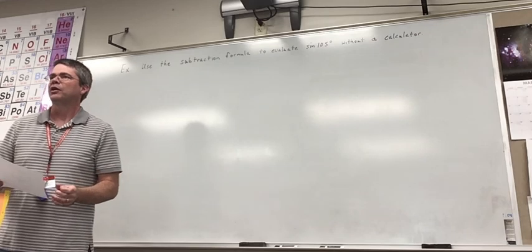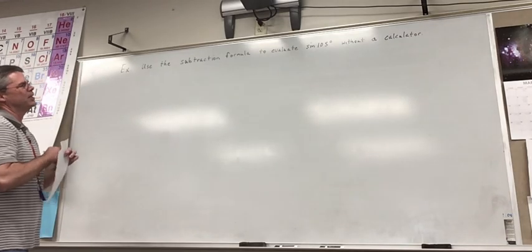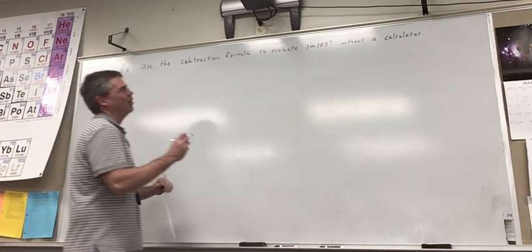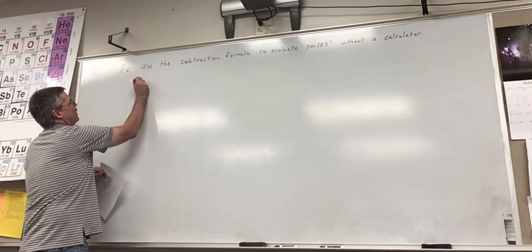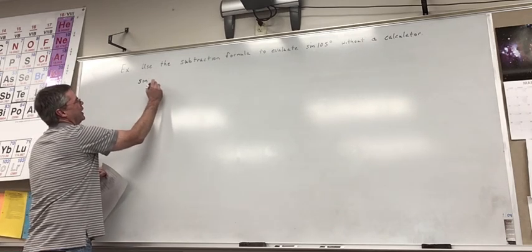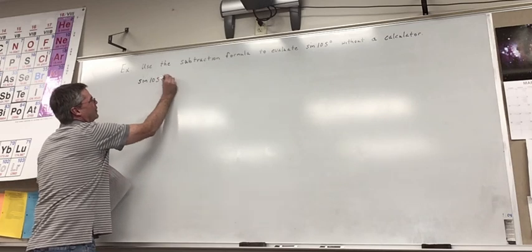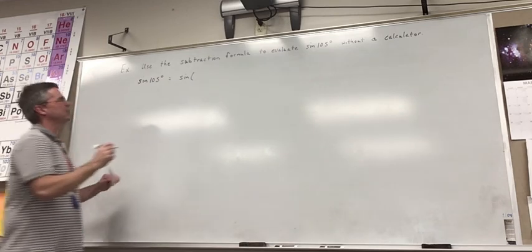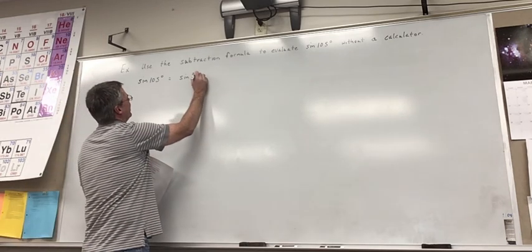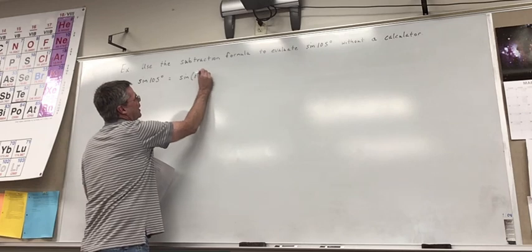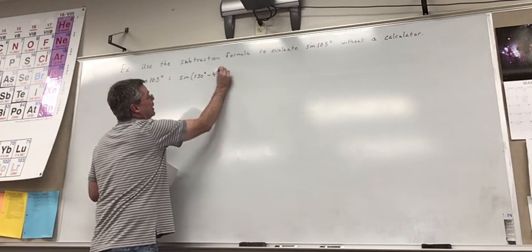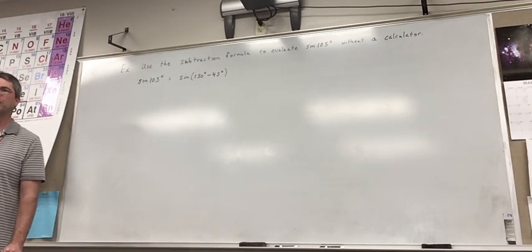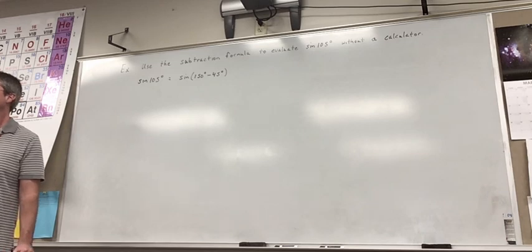To get 105 degrees, there's a lot of options that you could pick, but sine of 105 degrees is going to be the sine of a couple of angles on the unit circle. Let's do 150 degrees minus 45 degrees. Now you could pick anything you want as long as they're on the unit circle, and when you subtract them, you get 105 degrees.